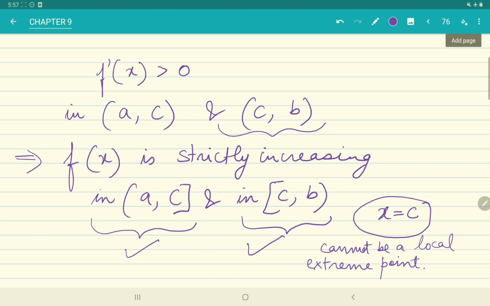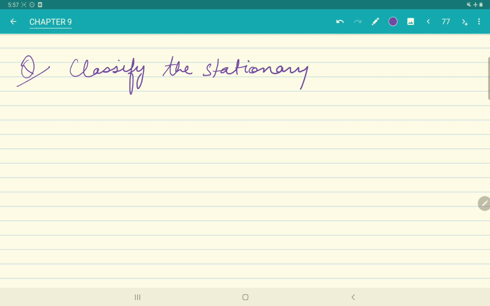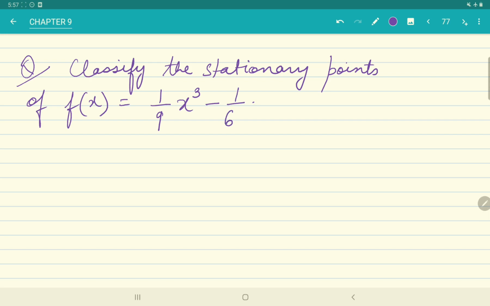Now let's take up a question. The question is classify the stationary points of f of x is equal to 1 by 9 x cubed minus 1 by 6 x squared minus 2 by 3x plus 1.